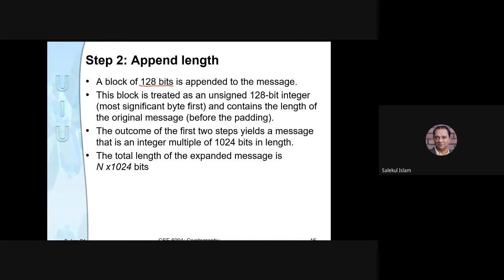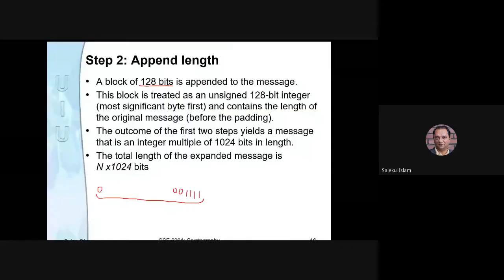Say for example your length is 15. So 15 means you have only 4 ones. Right? 15 is just 1111, but this must be in 128 bits, so you have to add all zeros.